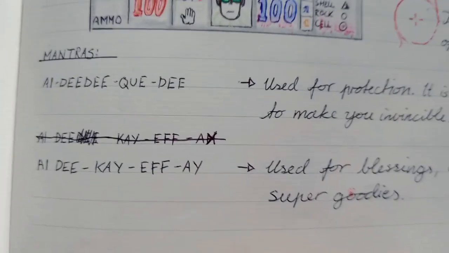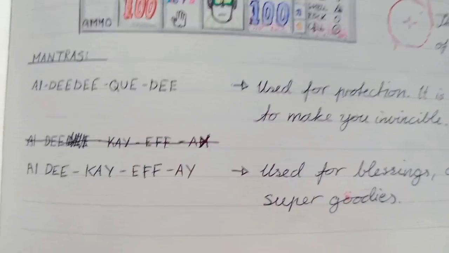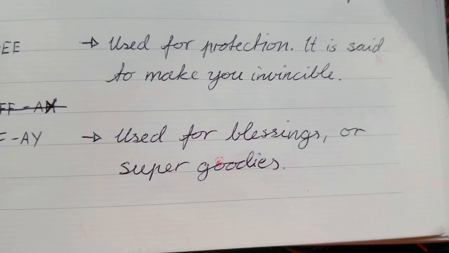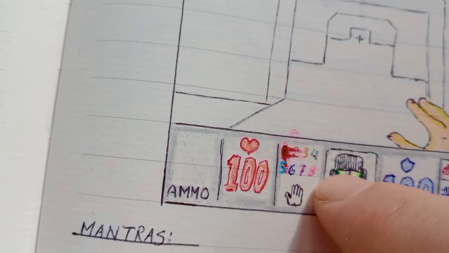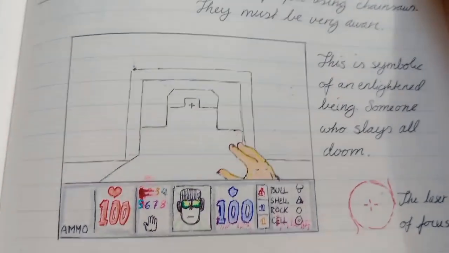And then you say, well, I actually do have it because I used the IDKFA mantra. When I activate this mantra, it's used for blessings or super goodies. And when you get super goodies, you can use all of the weapons. That's what this is representative of.